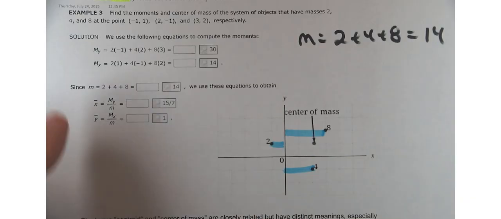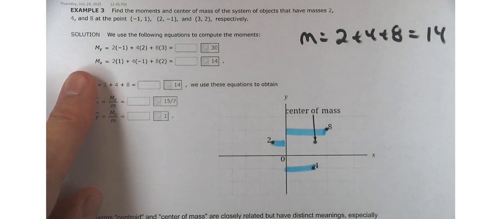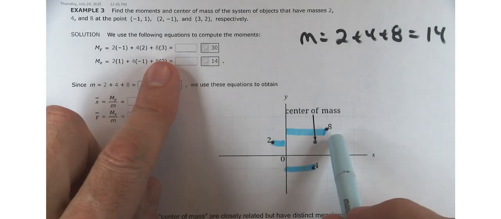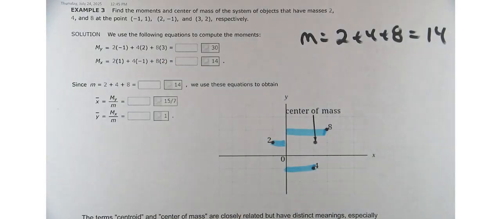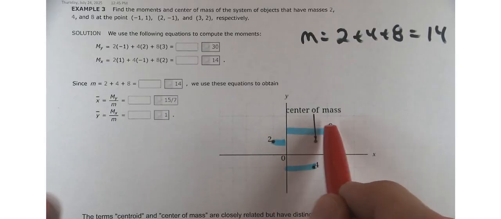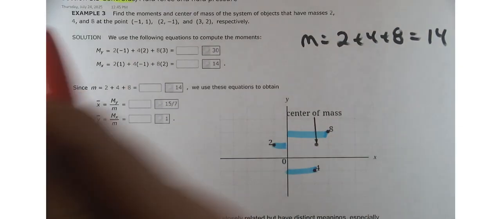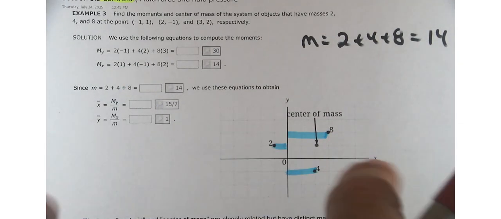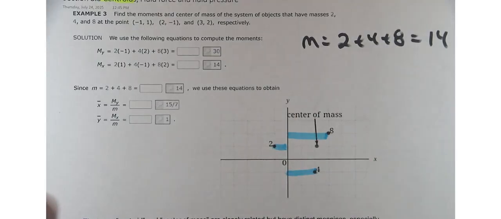So in the x direction, 8 is a distance of 3 away: 1, 2, 3. That's the force it's going to exert to rotate this around the y-axis.